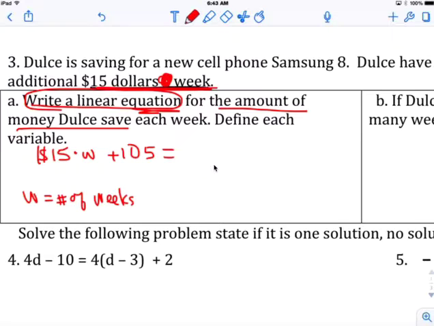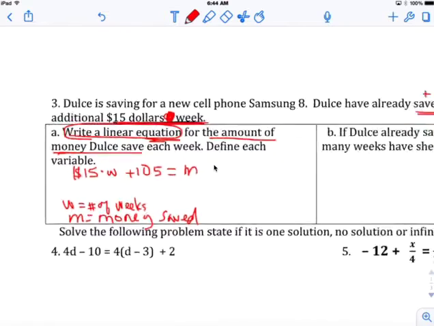For the amount of money Dulce saved, let's say M for money. So M equals money saved each week.